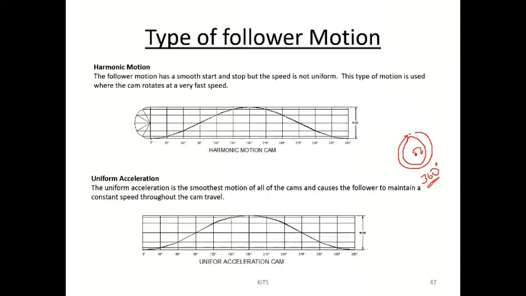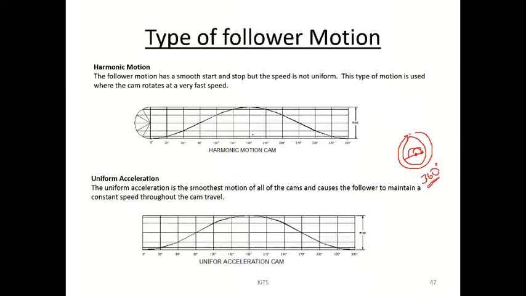For this much degree, it has upward motion and downward motion, and for this much degree, the follower will rest. Otherwise, we will go to this diagram. Here I will explain. Totally, a cam is rotating for 360 degrees.